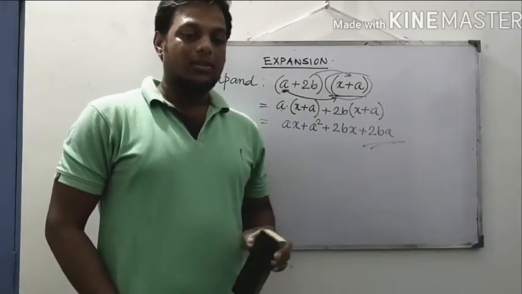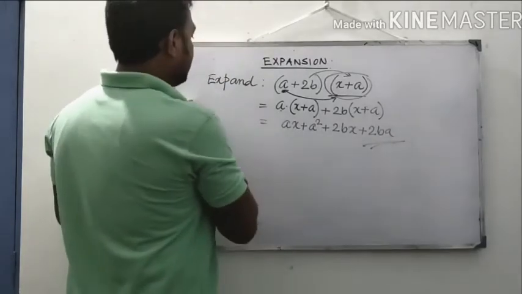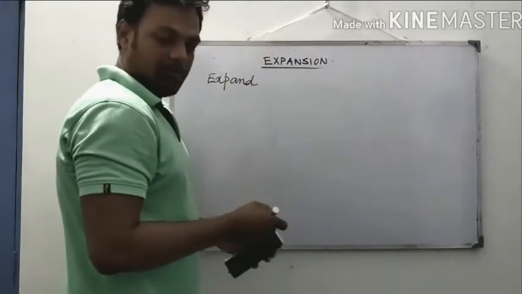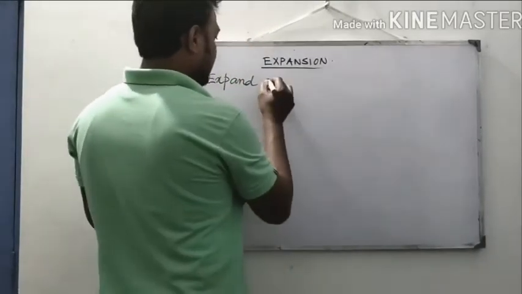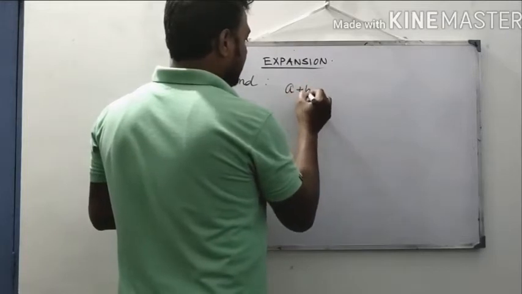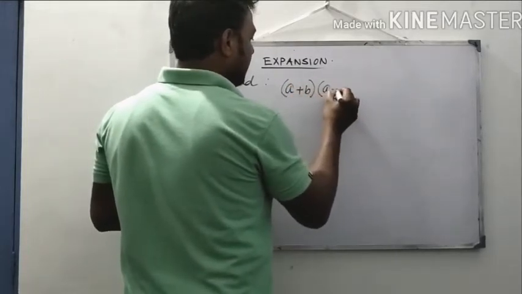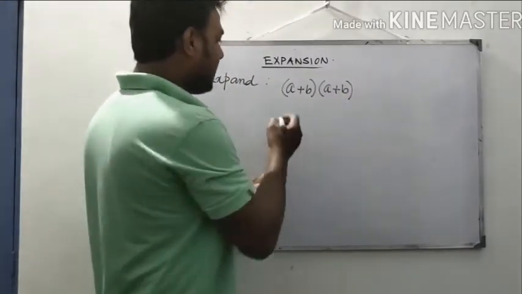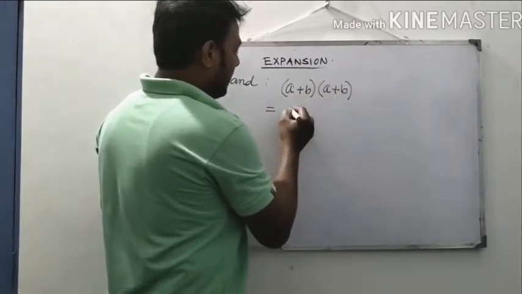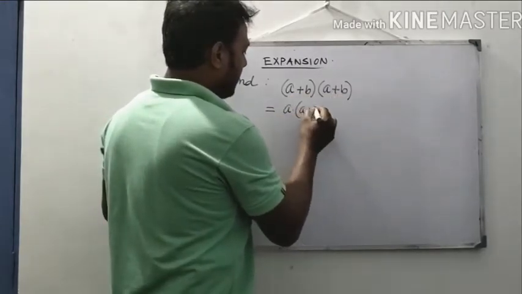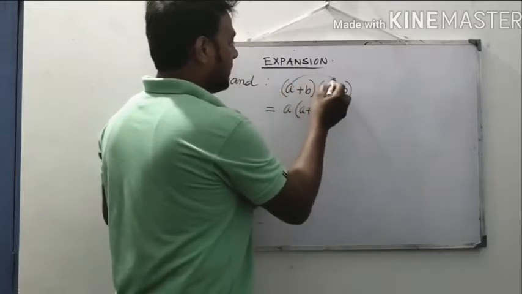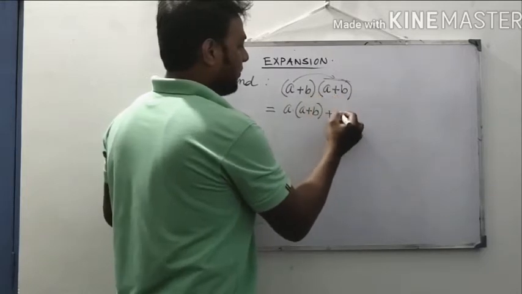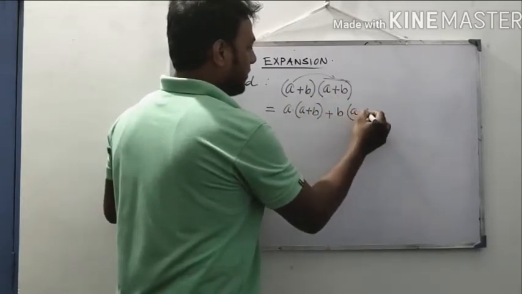Now suppose I give you a very easy problem: expand (a plus b) into (a plus b). How to expand this? First a into (a plus b), the first term with the whole part, and plus b into the whole part, (a plus b).